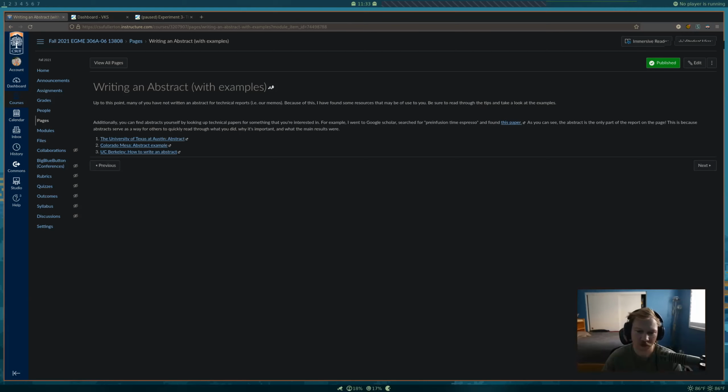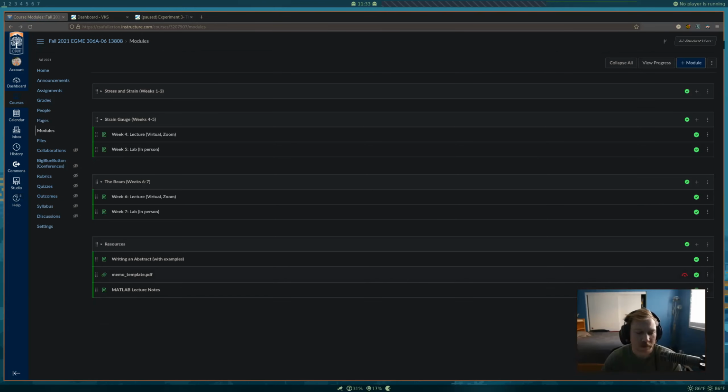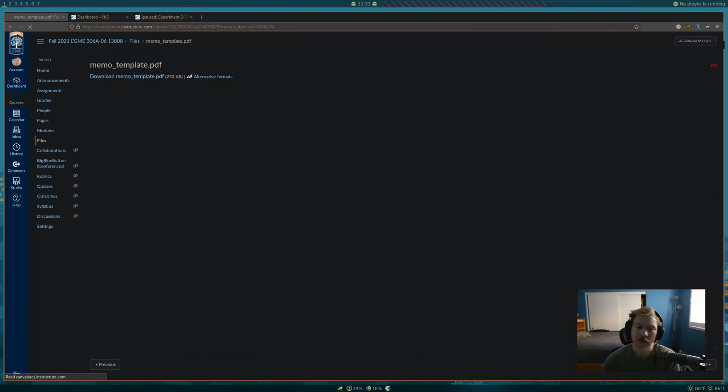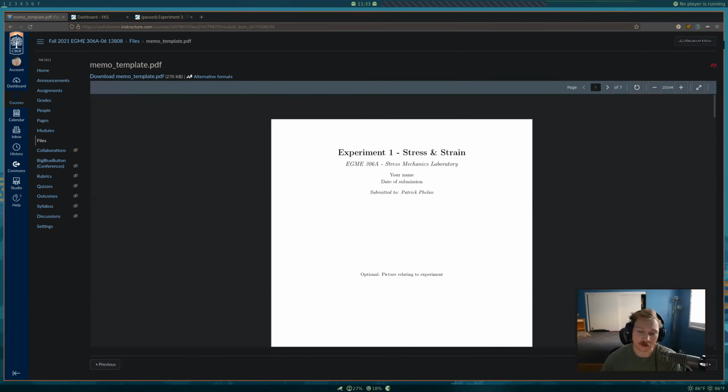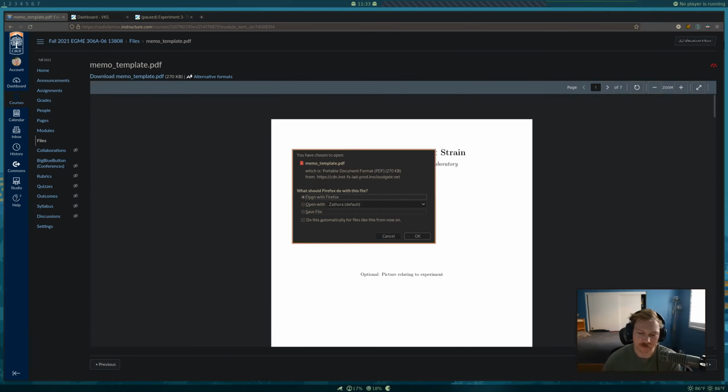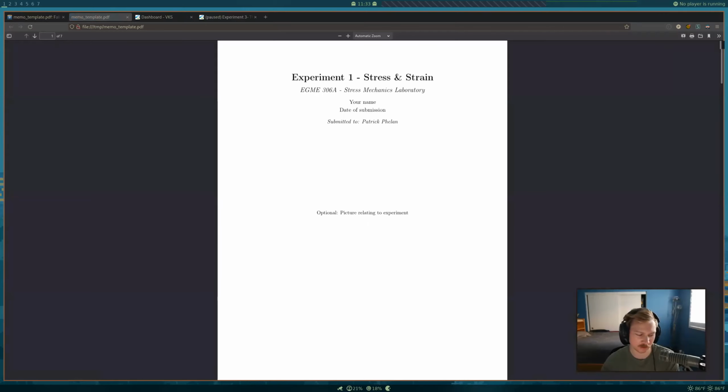It should be about 200 words long, or 250 is really the high end, but for this lab, you should be able to write your abstract within 200 words. So take a look at that. And then there's also this memo template. You can take a look at this too to see how your memo should kind of look. You can have your own style, of course, but it should look something like this.